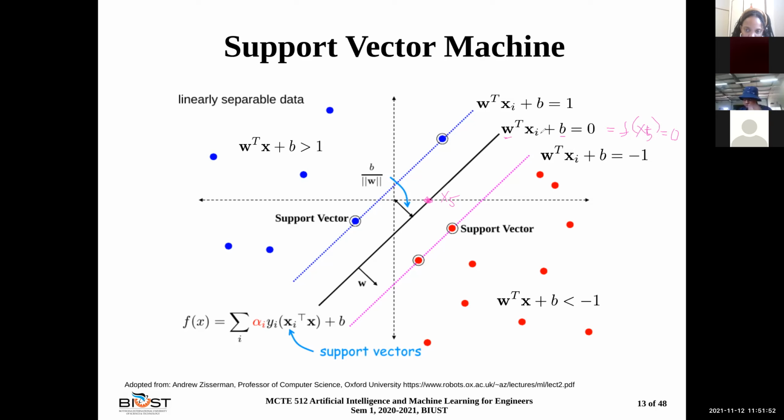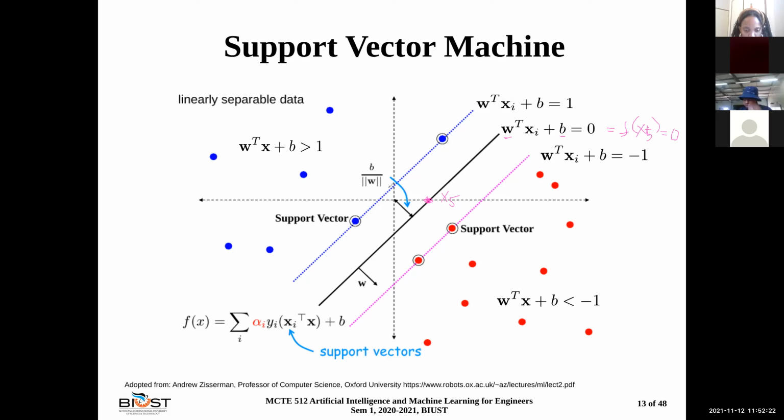Now, these are the points that touch the margin, the points closest to the separation line, or we call it the hyperplane. Just say line, but if you look at it from the top, then it will be a line. These data points that are closest to the boundary line are called support vectors.